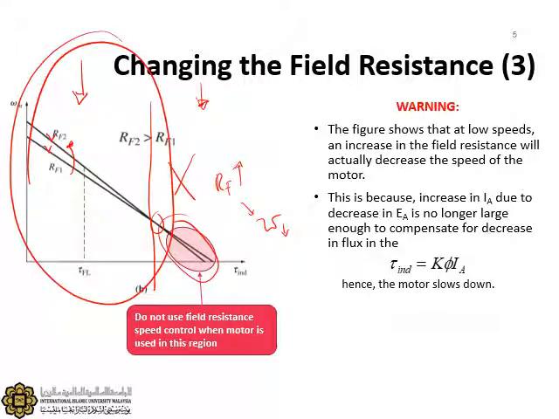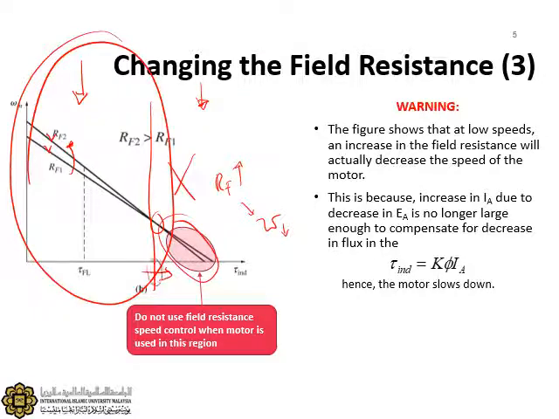Yeah. Okay, so we need to make sure that we know what the limit is. Yeah. We cannot keep changing the current, or the load, so that it exceeds this limit here.